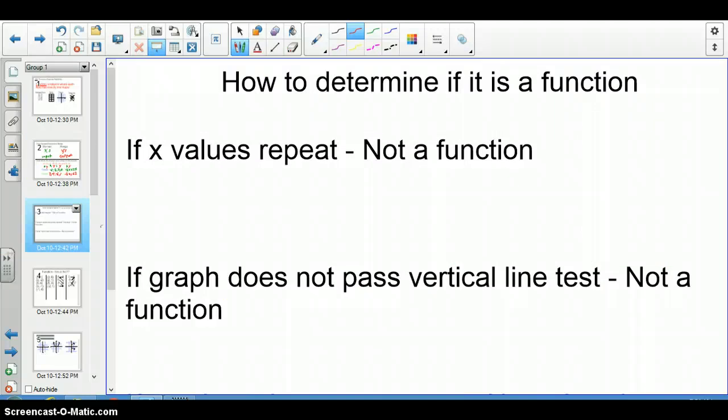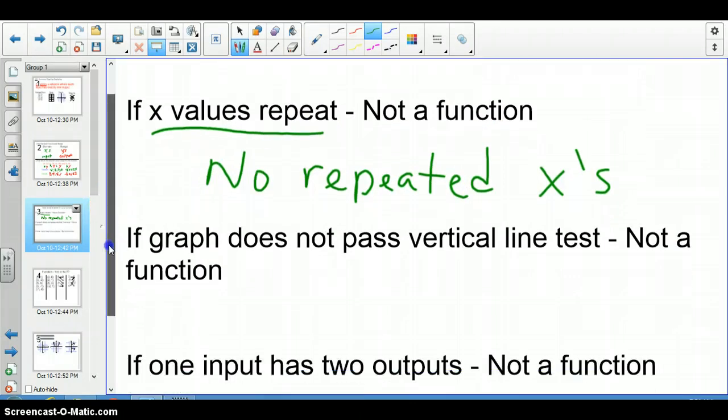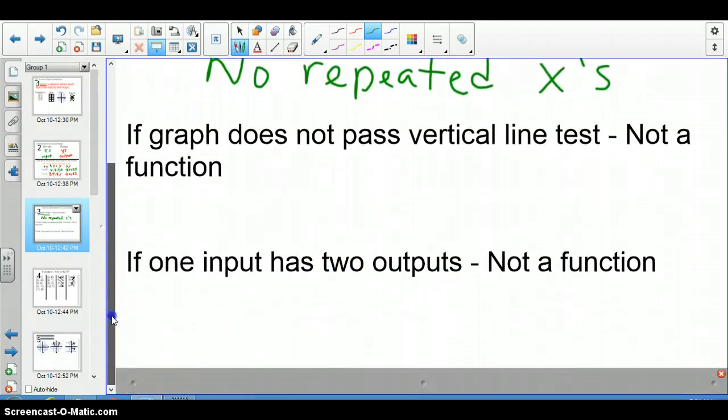So how do we determine if a relation is a function? If the x values repeat, it's not a function. So that means, we don't want any repeated x's. If the graph doesn't pass the vertical line test, it's not a function.